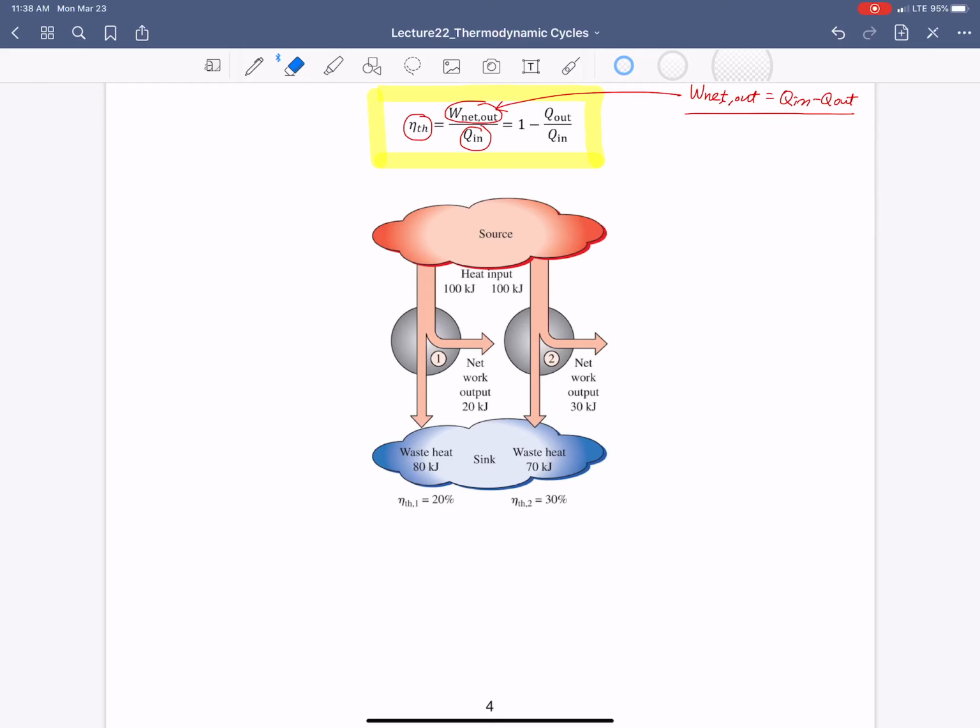What it means is basically, if you want to have a high power output, many times you have to sacrifice efficiency. Or if you really want to achieve a high efficiency, then many times you have to sacrifice the amount of power output. So they are not going along. Many times they just go in the opposite direction. So you have to make a wise choice, based on what your objective is.